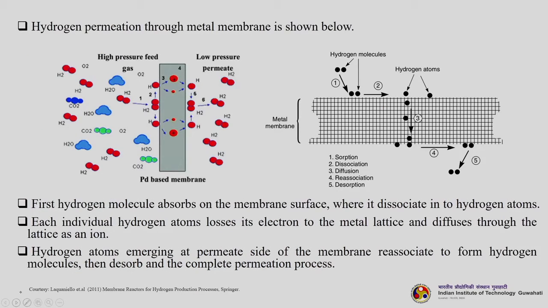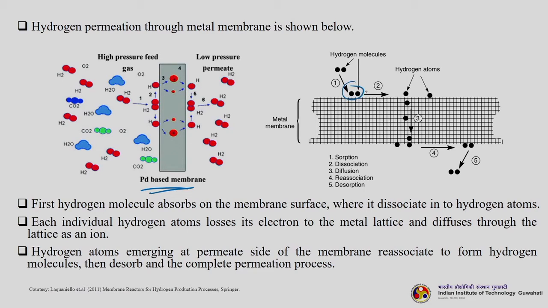Hydrogen permeation through a metal membrane is shown below. You can see how it is happening. First, the hydrogen molecules adsorb on the membrane surface, where they dissociate into hydrogen atoms. This is the palladium based membrane. Initially the hydrogen gets sorbed on the surface of the membrane, and there it gets dissociated.